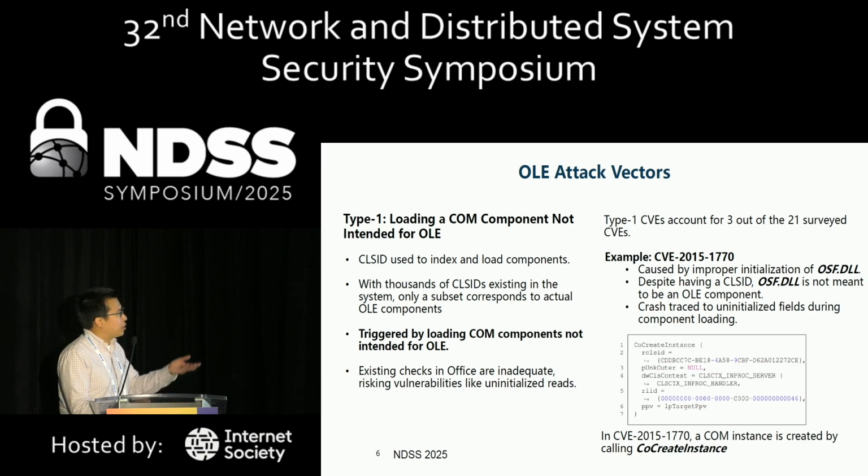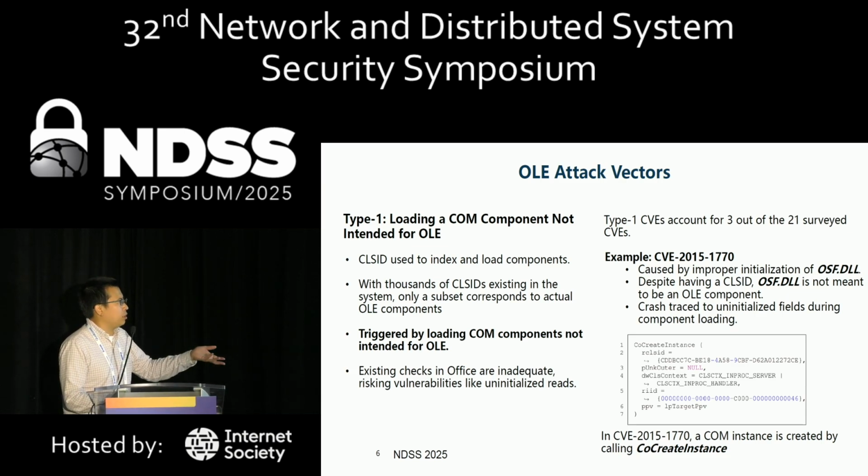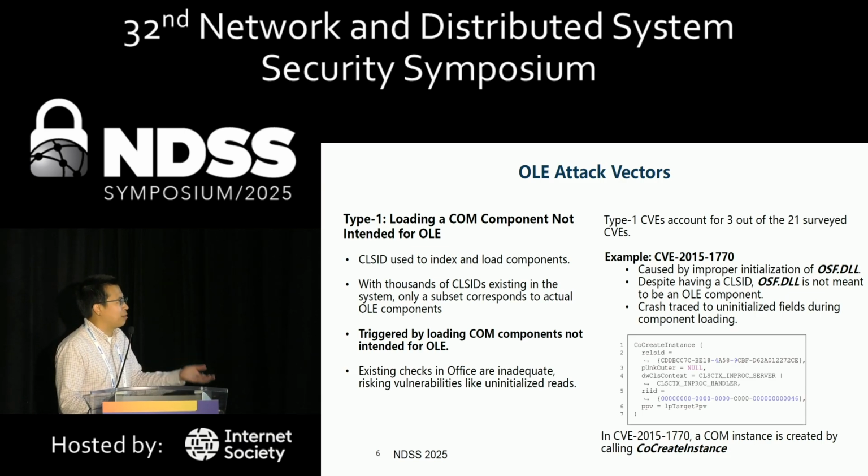For example, in CVE-2015-1770, they found that some of the CLSIDs point to a DLL, but it was not intended to be an OLE component. So if you have this, it will crash, because when it loads this DLL, it will not be properly initialized and then a crash will happen.